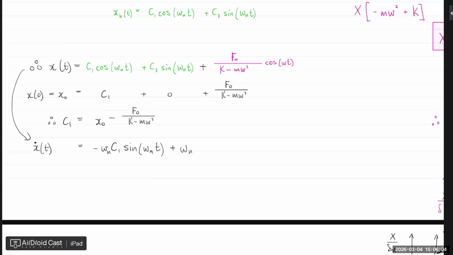Plus omega n C2 cos omega n t. And then just minus, that will become negative. So it's negative F0 omega over k minus m omega squared sin omega t.